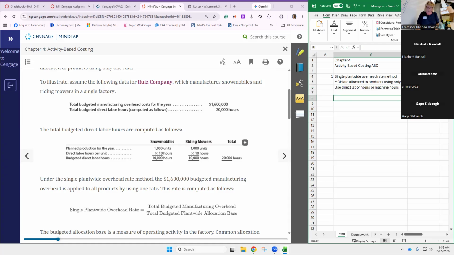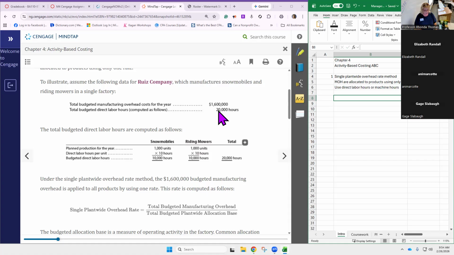So here's what we've got. It looks to me like we've got these two numbers here, and we're going to come up with a rate. Remember, we've been teaching you predetermined overhead rate. This is kind of like that.